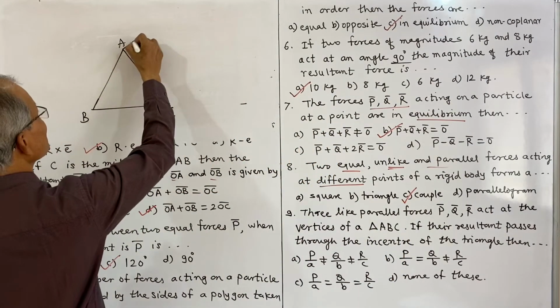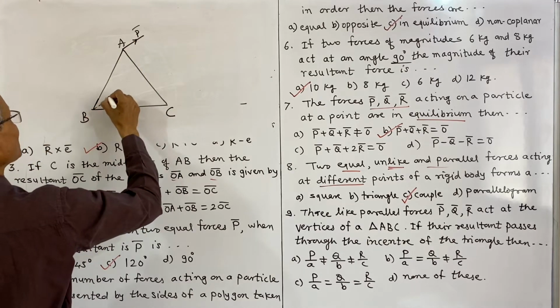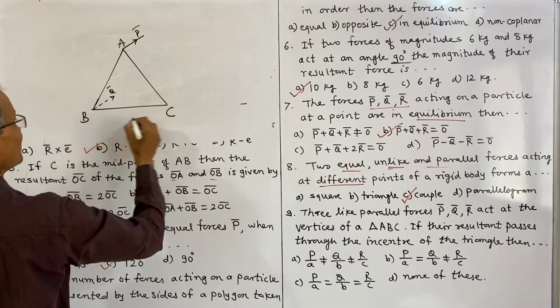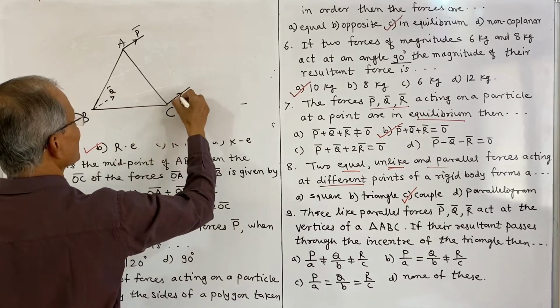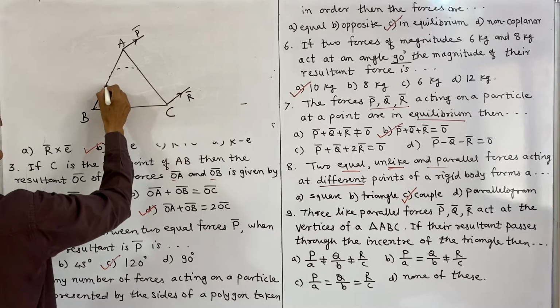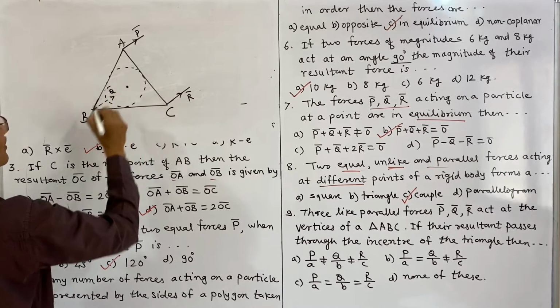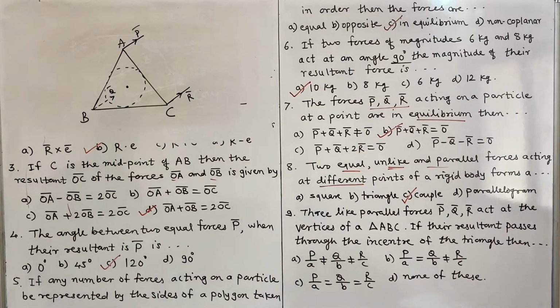Force P is denoted like this, force Q parallel to this one acts at B, and force at C is R. Then their resultant passes through the incenter of this triangle. Suppose this is the incenter, and their resultant will pass through it.